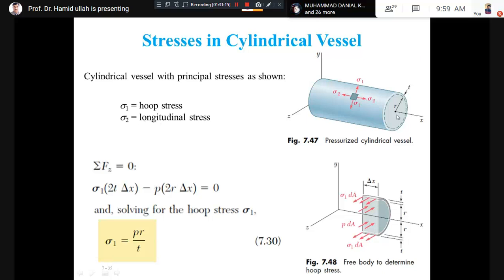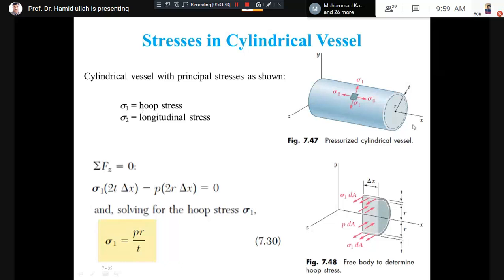Because sigma 2 is acting along the axis, and anything along the axis is longitudinal, or axial stress. The other one is hoop stress. You can also call it tangential stress, because sigma 1 is tangent to the surface of the cylinder.